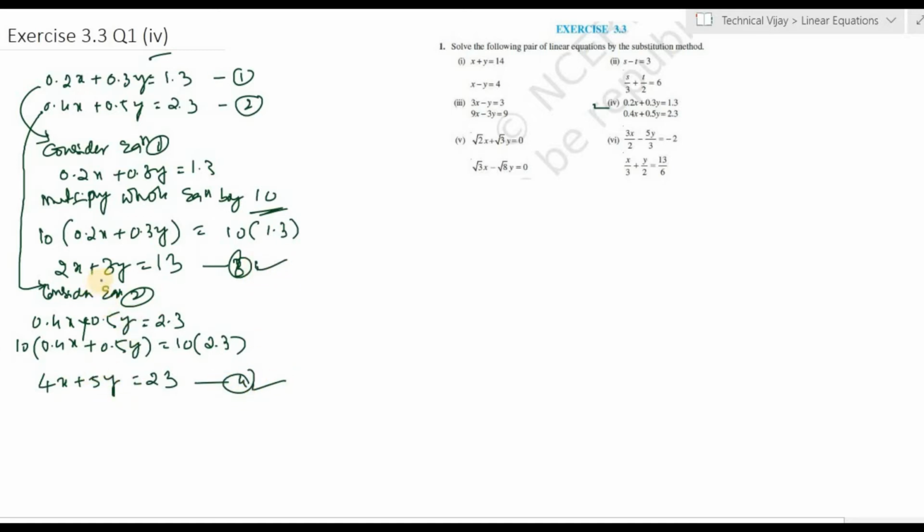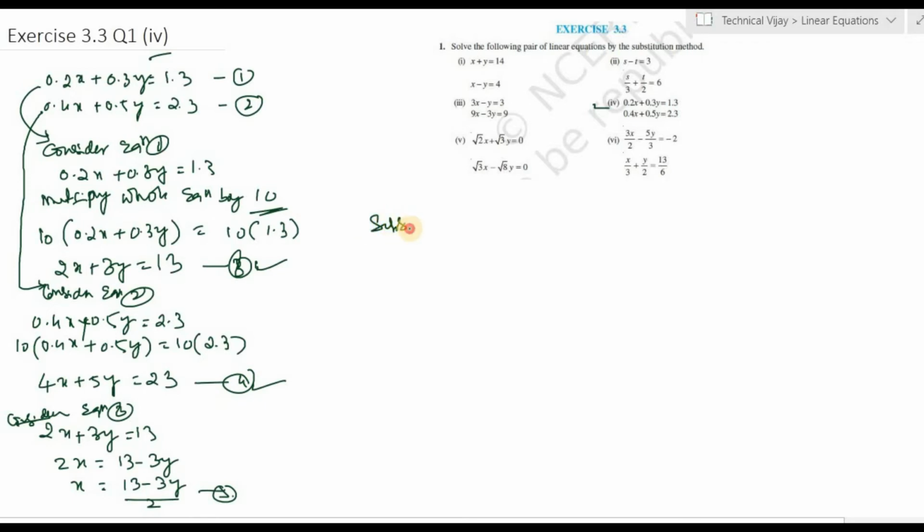So now we will calculate one of the variables. Let us consider equation number 3. So 2x plus 3y is equal to 13. So 2x is equal to 13 minus 3y. So x is equal to (13 minus 3y) divided by 2. This value we will substitute in equation 4.